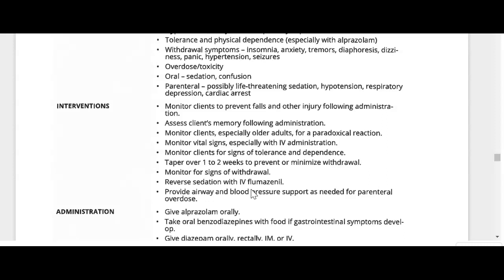We would only use this in patients that we know have not been on benzodiazepines long term. And I gave the example of a pediatric patient that may have gotten into their caregiver's medication and had an accidental overdose. We could reverse that using the flumazenil.